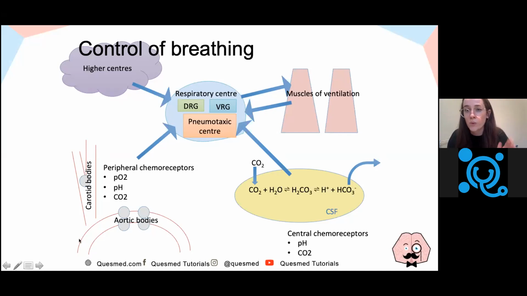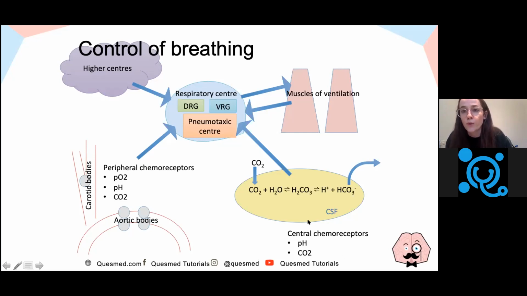So that's a really quick process in terms of being able to give feedback. Whereas the central chemoreceptors take a bit longer. Rather than seconds for the peripheral chemoreceptors, it can take 1 to 2 minutes before the carbon dioxide is diffused across, and then this reaction happens, and then the bicarbonate is actively transported out.